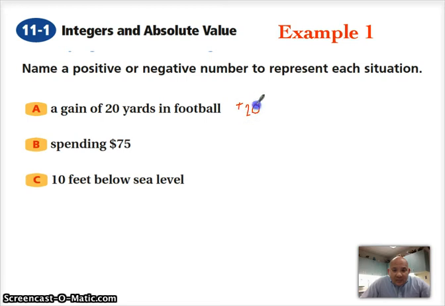So we can write that as a positive 20 or just 20. Spending $75 means we're decreasing the amount of money we have in order to pay for an item. So when we think in terms of decreasing what we have, we think of it as a negative number. So when we spend, it is a negative 75.